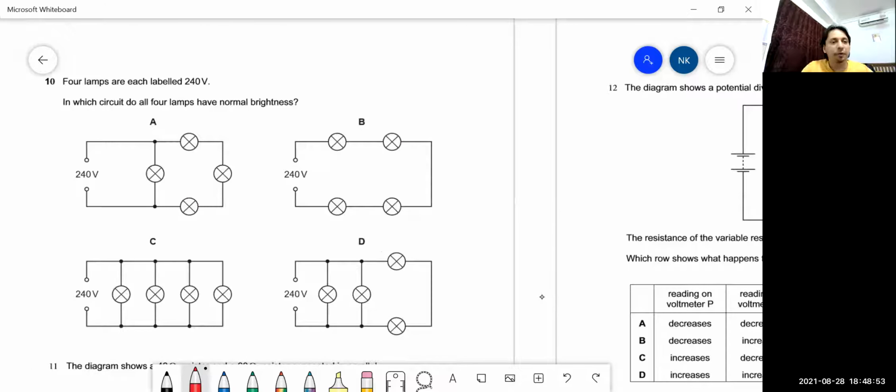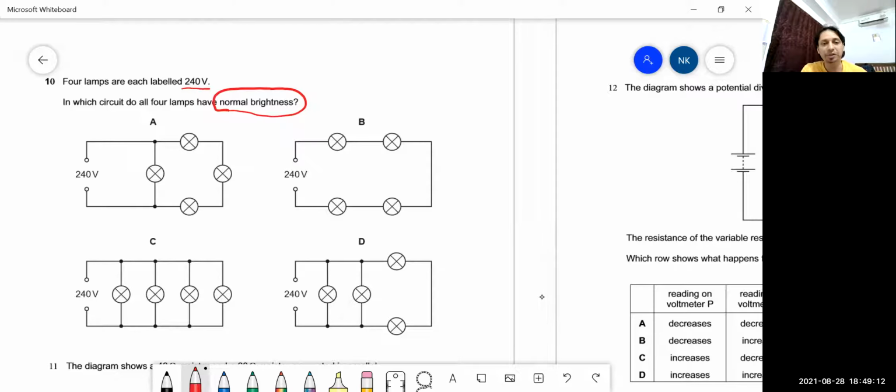In question number 10, four lamps are labeled with 240 volt. In which circuit do all four lamps have normal brightness? You have to find normal brightness, meaning all bulbs glow with equal brightness.